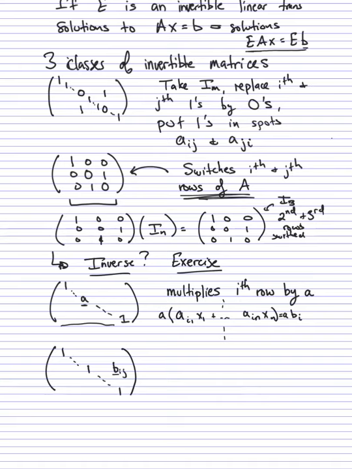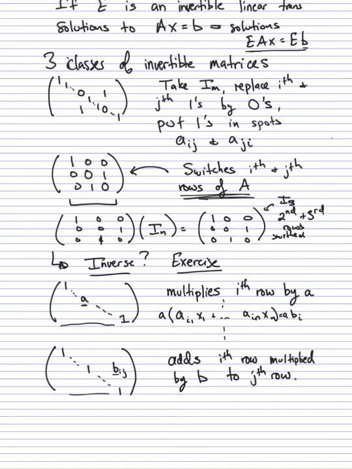What this does is it adds the ith row multiplied by B to the jth row. Again, you can see this is exactly how I obtained this matrix from the identity matrix: I multiplied the ith row by B and then added it.